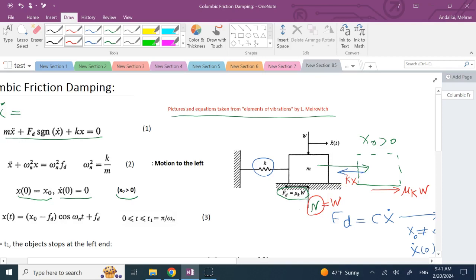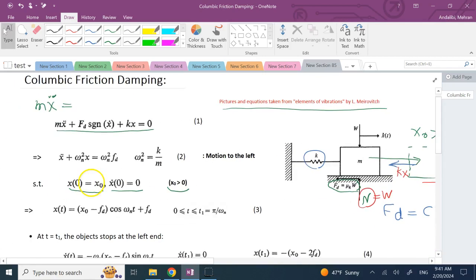So if you write the equation of motion here, it is clearly going to be negative kx plus mu k times W, right? This is your governing equation, and if you bring this kx to this side, it becomes kx plus m x double dot equals mu k times W, and that is exactly this equation here.